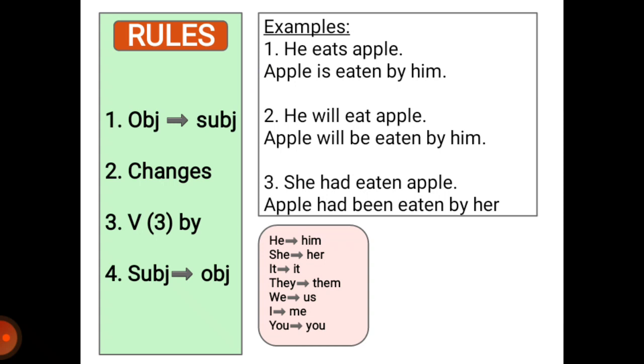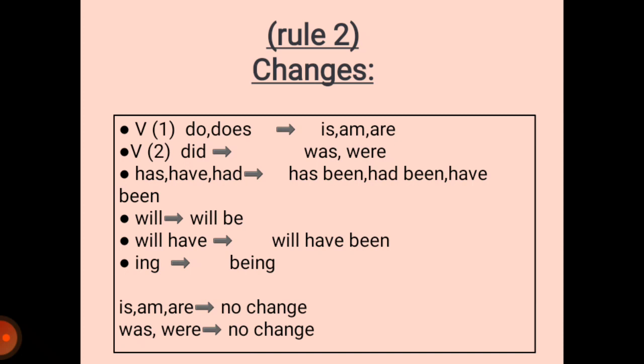So apple. Rule number 2 is changes. First we need to understand whether it is present tense, past tense or future tense. In he eats apple, you can see s is written with the verb eat, eats. That means it is present tense. So on the changes, V1 means the first form of the verb, and that will be converted into is, am, are.